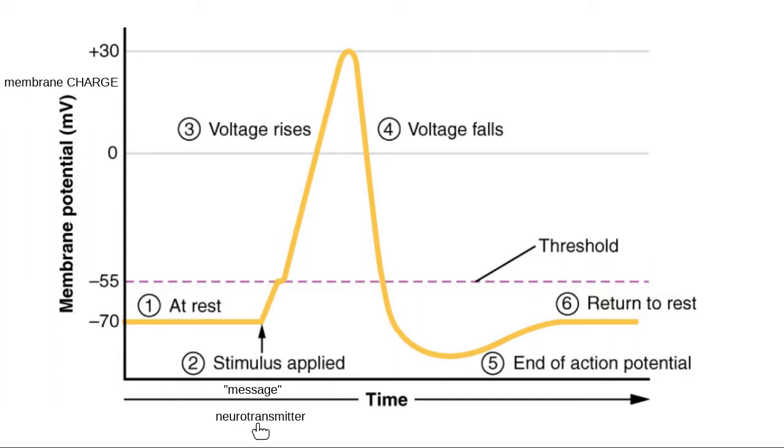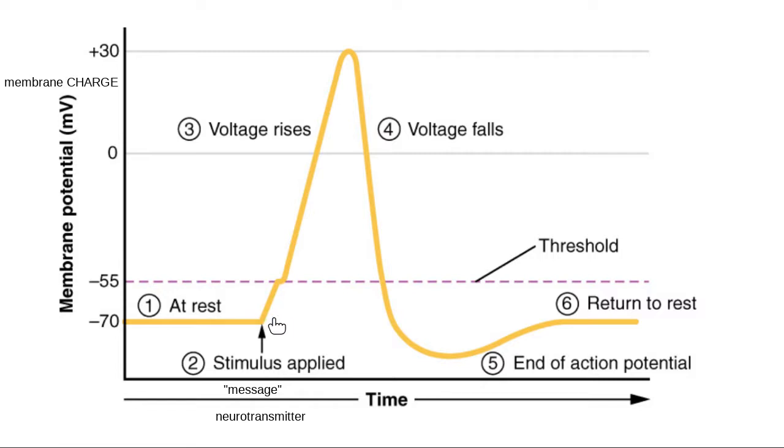Basically, it's the kind of text message that neurons use with each other. So if I'm chilling out at rest and all of a sudden my neighbor texts me, they send me a neurotransmitter. Depending on what that text says, that might open up some channels that move ions to make the inside of my cell get more positive.